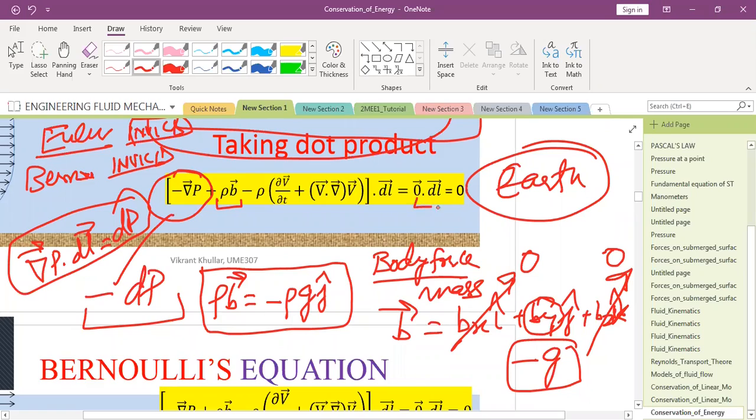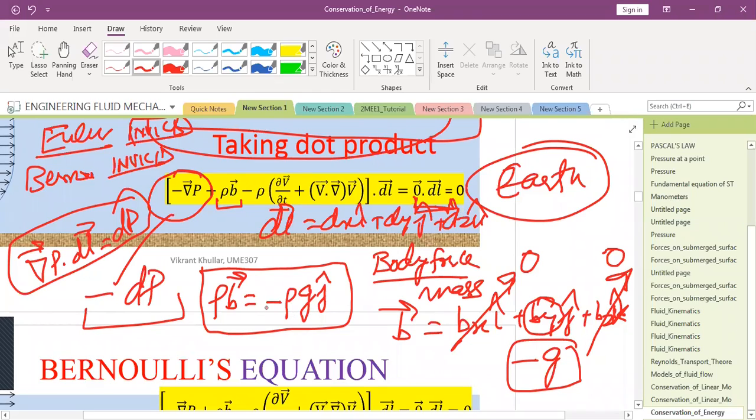So when you dot it with dl, what do you get? What is dl? dxi plus dyj plus dzk. So what do I get? Minus rho g dy.